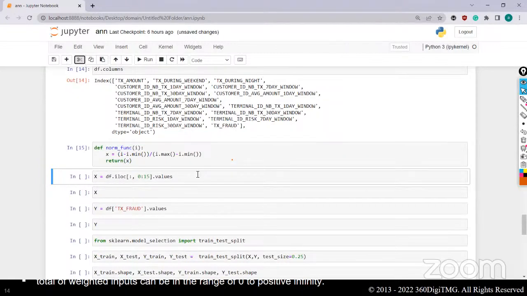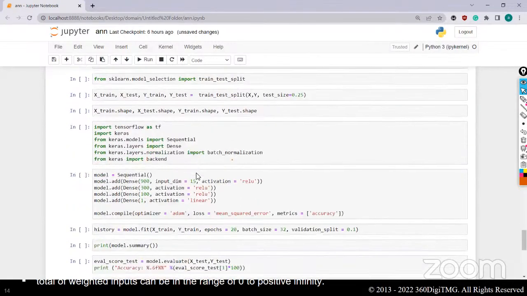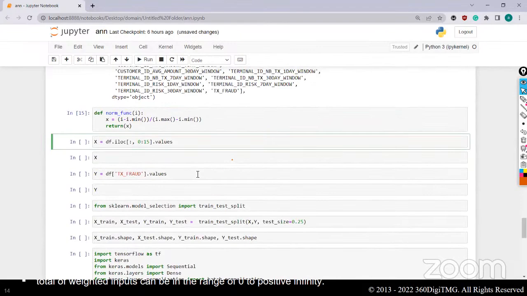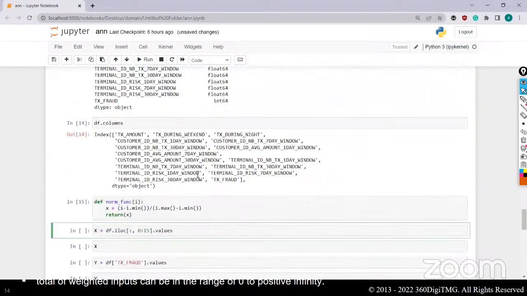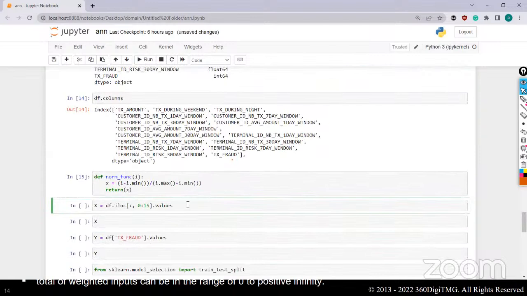And then we'll take our X values. What we are doing here is we are using location. So when you use this, this refers to rows, how many rows you want to take, and this refers to columns. So we are doing it using index slicing.